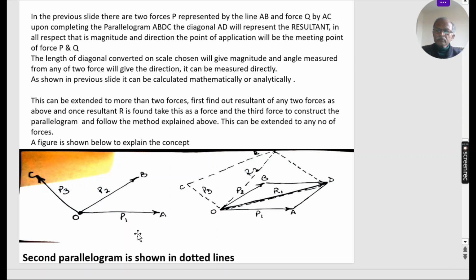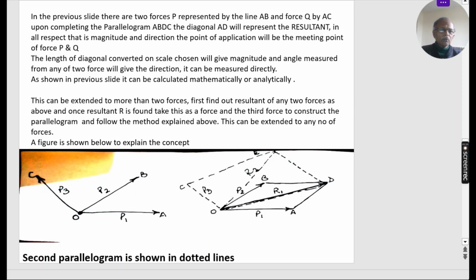I have drawn here in the dotted line the second parallelogram, that is with the resultant of the first two and the third original force. This way we can extend it to a number of forces. This concept can be extended not only to coplanar, but to three-dimensional also.